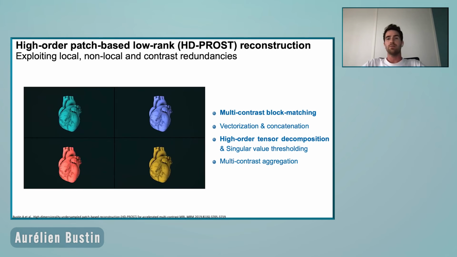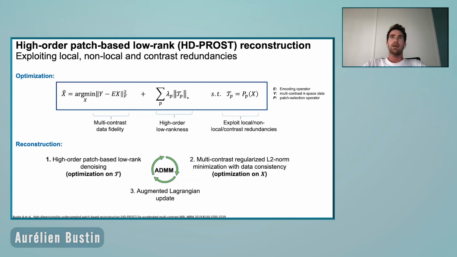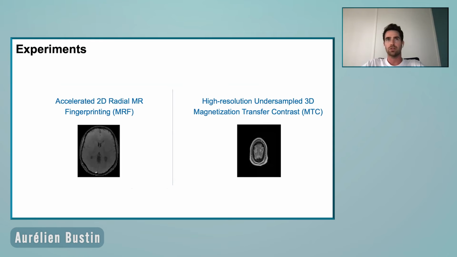So at this step, we have optimized on T, right? We have the T that is denoised, and now we are going to run the second optimization, which is just an optimization on the image X. And this is done with a very simple conjugate gradient, as you're used to doing. And we iterate between the 3 steps, and we have this HD-PROST reconstruction.